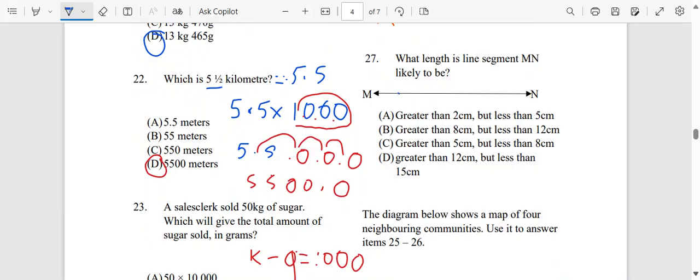So the width of your finger, we would estimate it to be from here to here, 1, 2, 3, 4, 5. That's my estimation because it's actually an estimated measure that they are asking you for. It would not be greater than 8, greater than 5, no, greater than 12, no. So it's greater than 2, of course, but it is less than 5. This would be the most appropriate one.